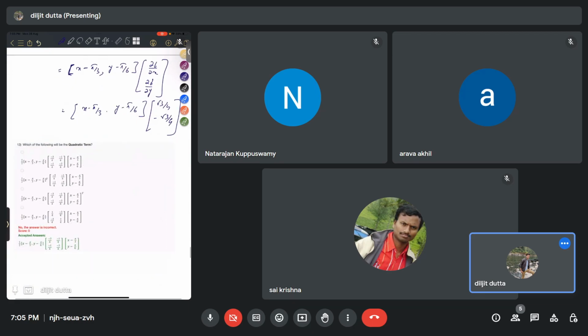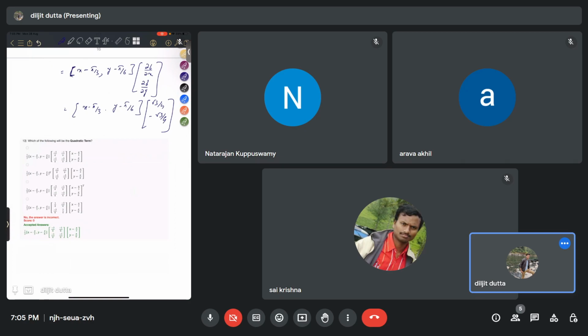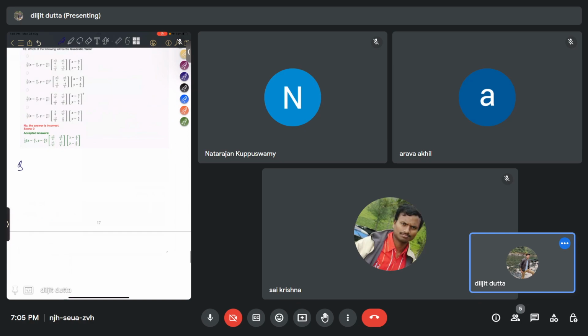And finally, the quadratic term. So quadratic term is what? It is x minus x naught, into H of x, into x minus x naught whole transpose. Right? So x minus x naught is x minus pi by 3, y minus pi by 6.